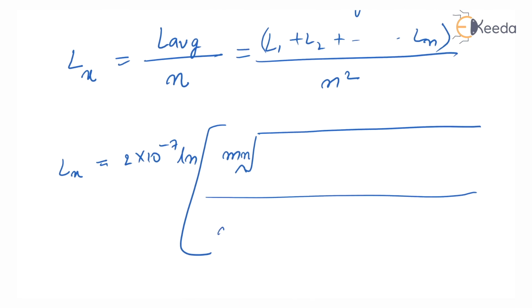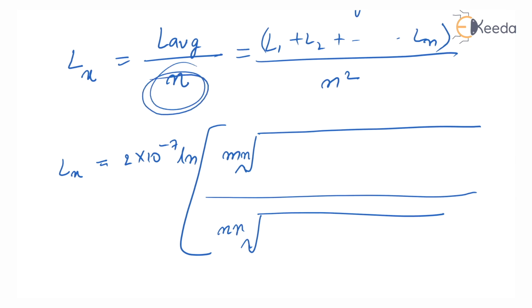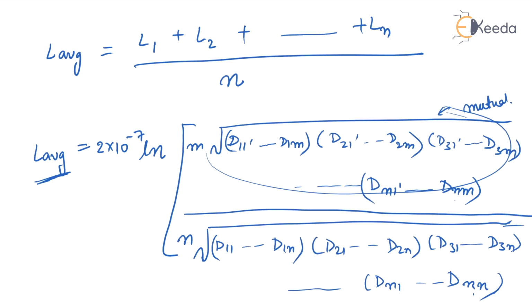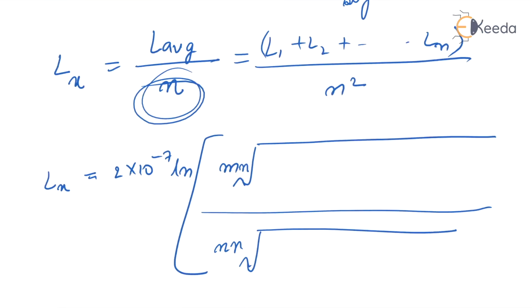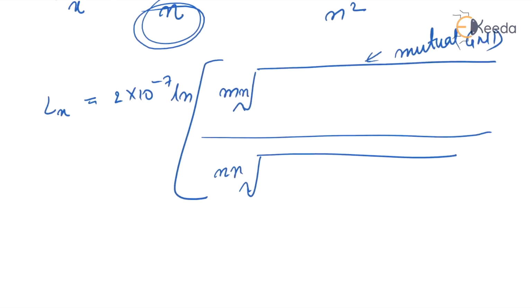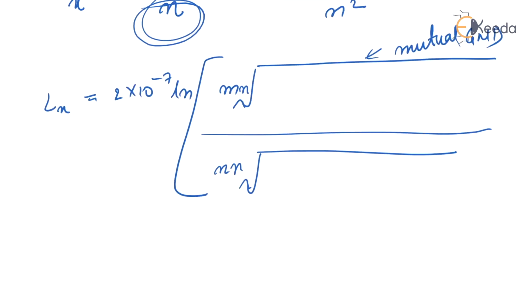Similarly for this I can write n into n. So this is the mutual GMD and this is the self GMD. So mn root, this is mutual GMD, and n in root, or I can write this n square, this is self GMD.